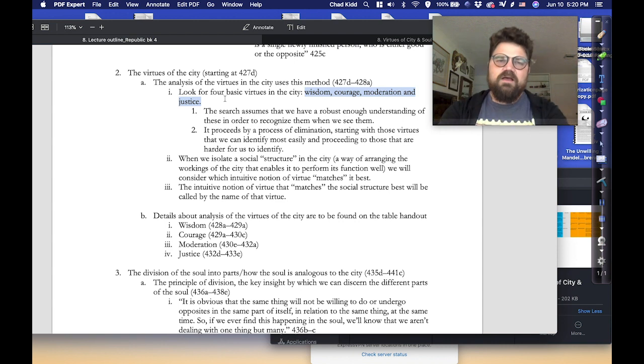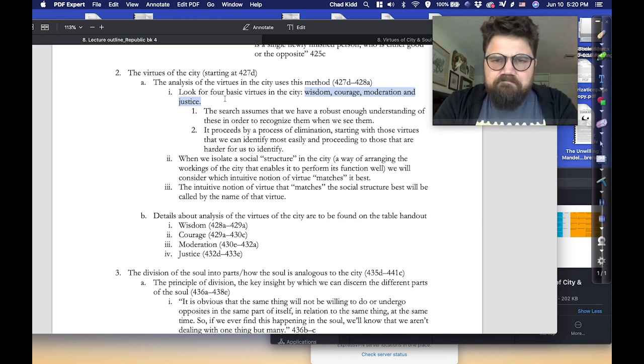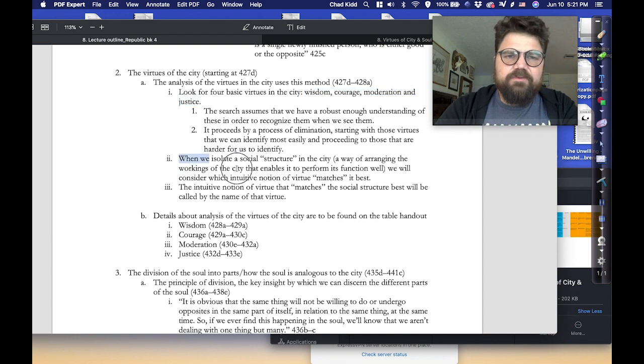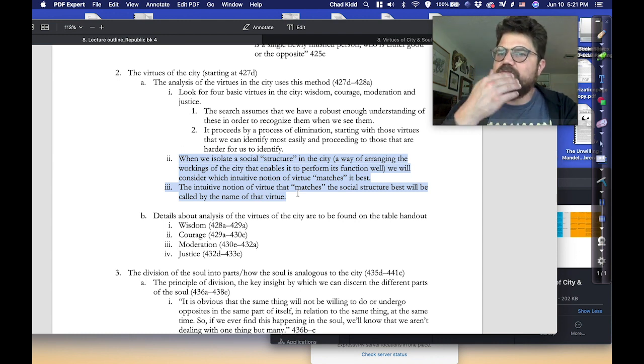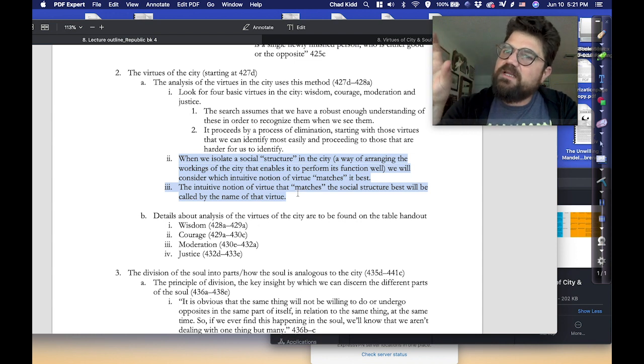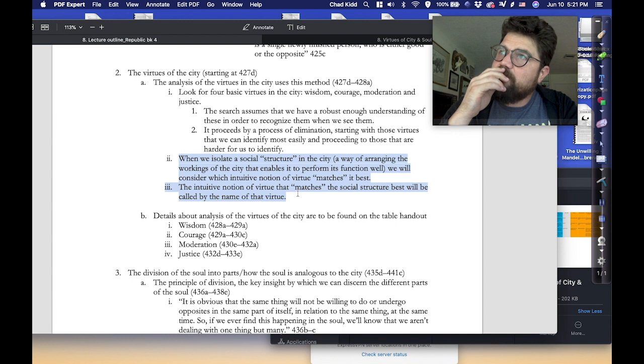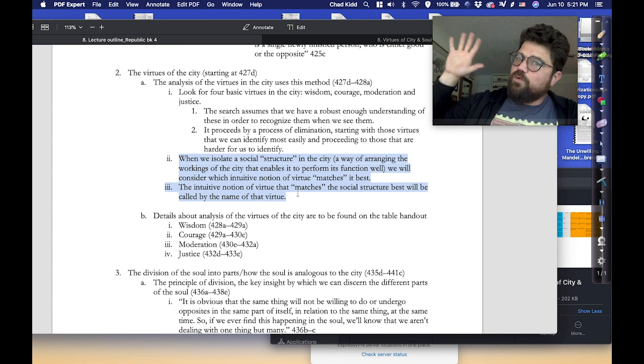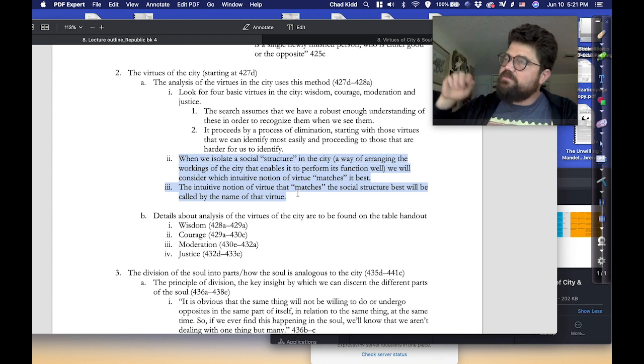Let's see. I have these other 2 steps characterized here. They're somewhat abstract in the characterization. So probably the best way to characterize this in an alternative fashion would just be to say this. What he's going to do is he's going to look at the city that he has imagined. He's going to look at the structures in it that enable it to perform its function well. He's then going to consider these 4 virtues that we have some intuitive understanding of.